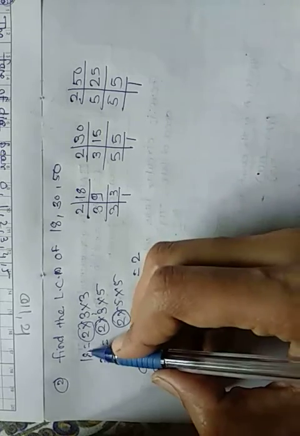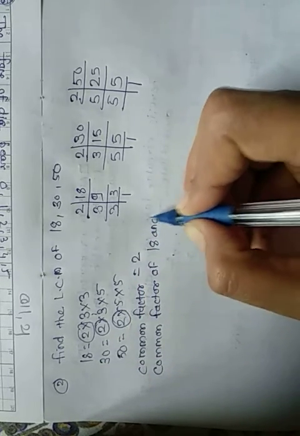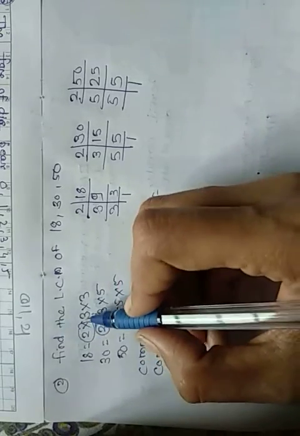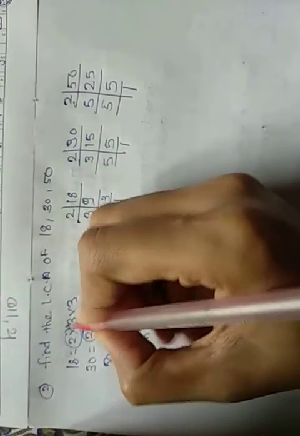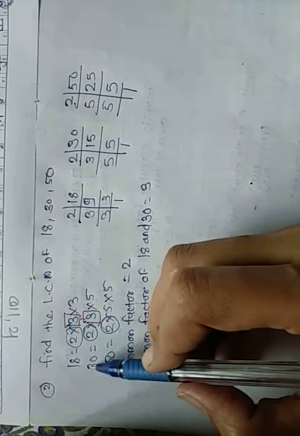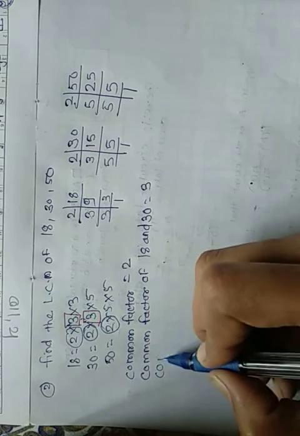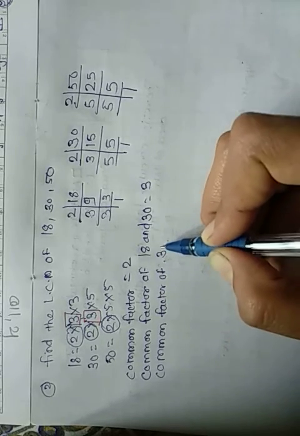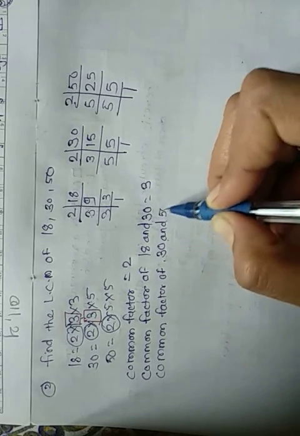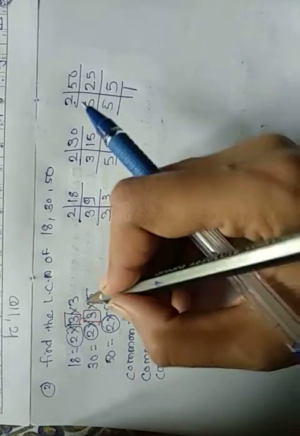Common factor between 18 and 30 is 3. Next find the common factor between 30 and 50. Between 30 and 50, the common factor is 5.